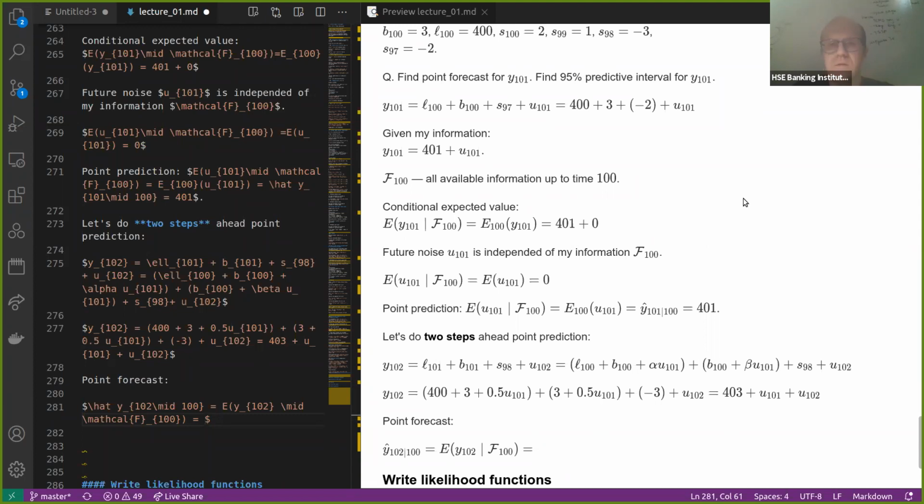Konstantin is right, but I'm just wondering whether everything is okay, or everyone is lost, or should I go faster or stop a little bit? Yeah, the answer is right. It's 403.